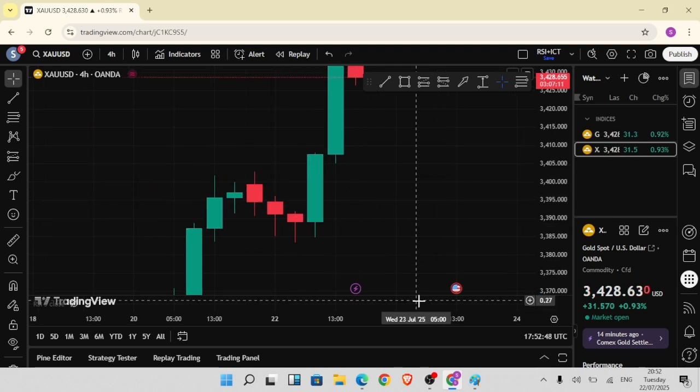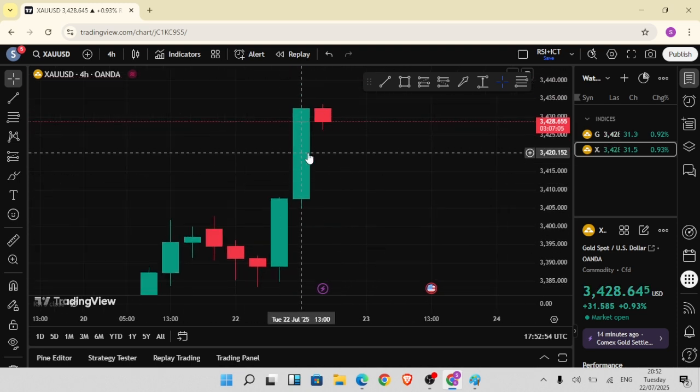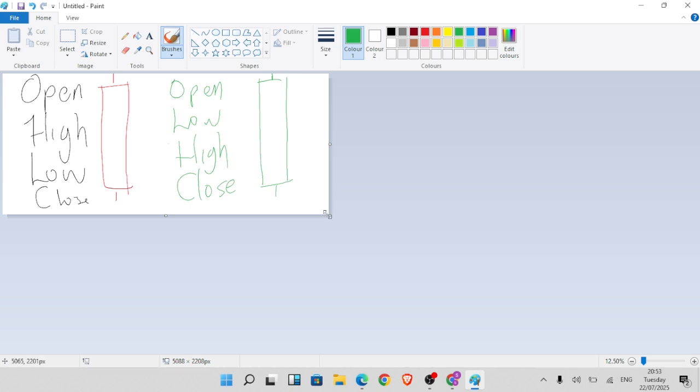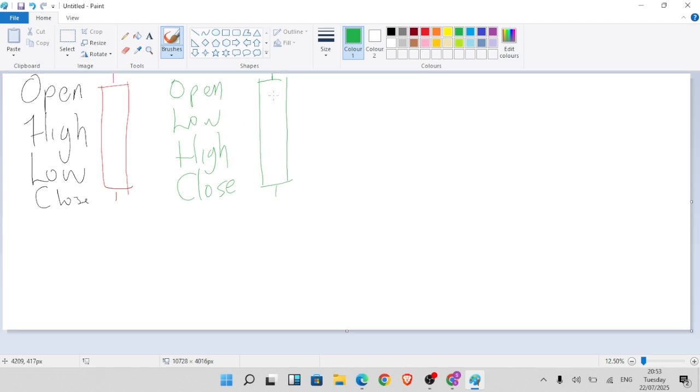Okay, so how do these candles form? This is without switching the time frame. If you switched the time frame, you will notice how small this thing is. You will notice, for a bullish situation like this one here, price opened right here, and then it formed a low.